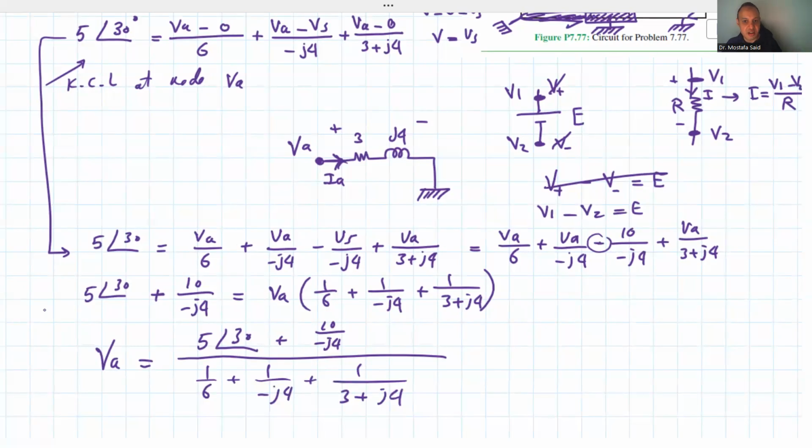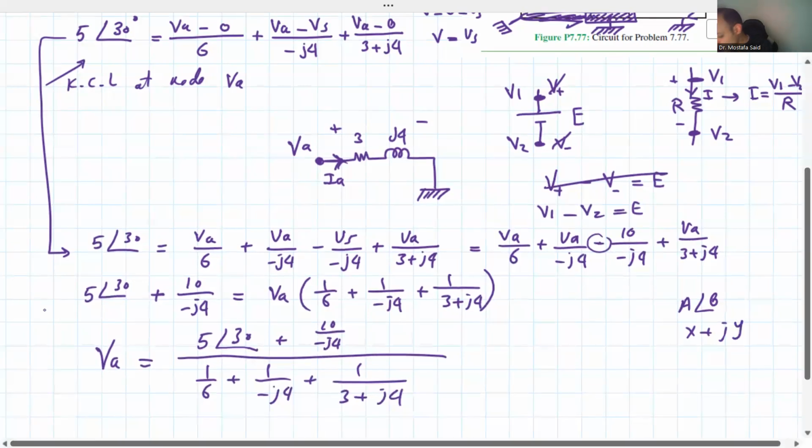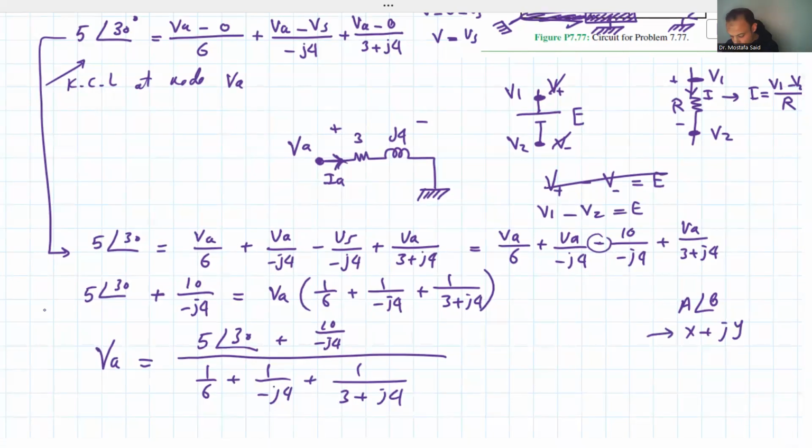We know, guys, that there are a polar form and Cartesian form. The polar form for any complex number is A angle theta. Okay, and this is the polar form. The Cartesian form is x plus jy. I'm sorry, y. So this website that I'm going to show you, it's better to use the Cartesian form. So we have here the polar form, or the phasor form, 5 angle 30.